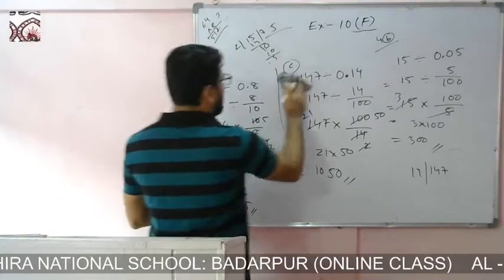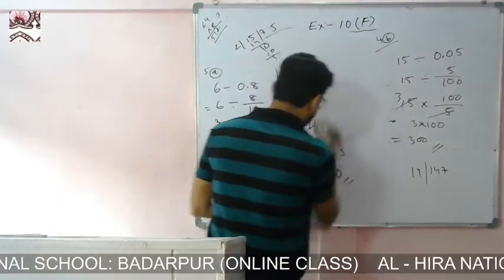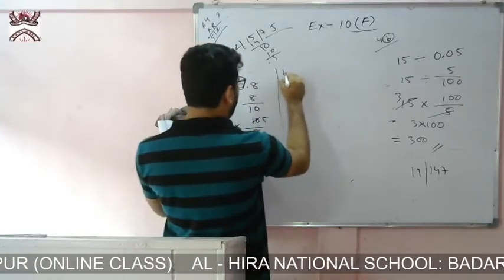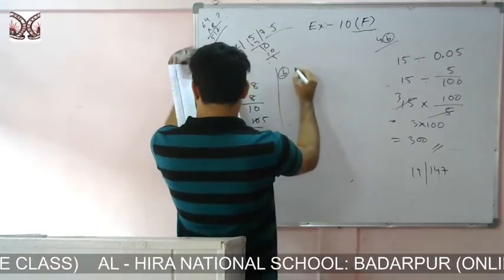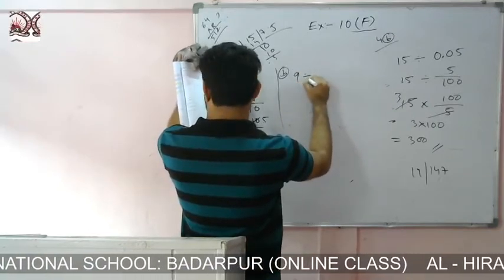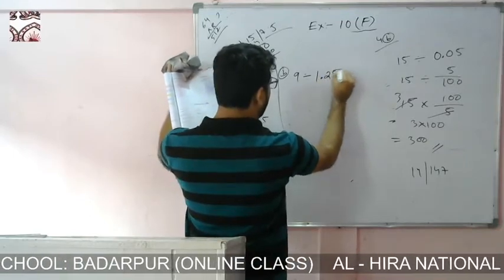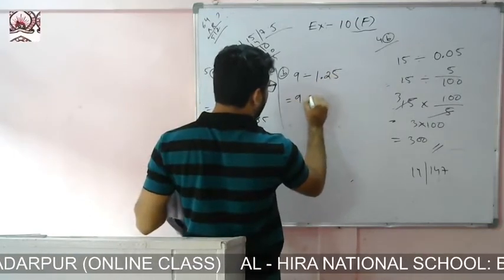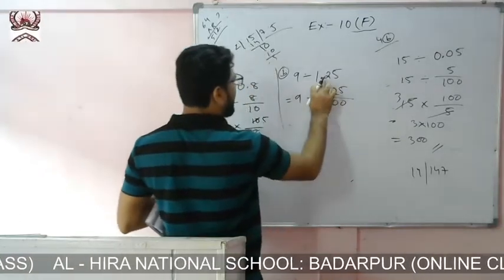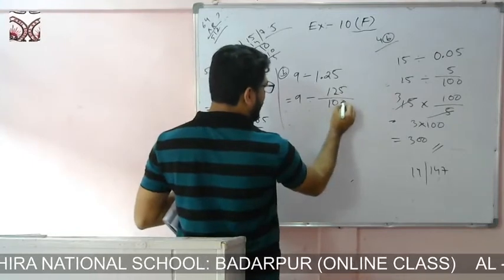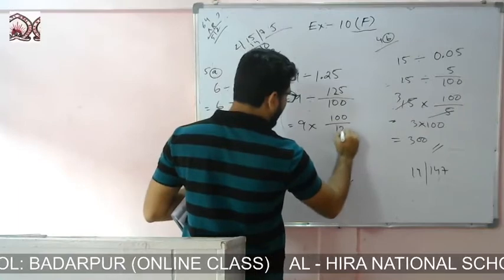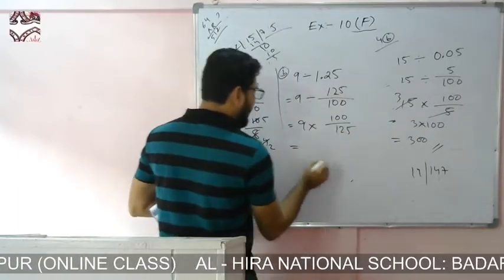Okay. Now come to 5b. 5b, you see what? It is written 9 divided by 1.25. That means 9 divided by 125 divided by 100, because here after decimal 2 places there, so 2 zeros. So 9 into 100 by 125. Okay. Now if you cancel, then you'll get the answer.